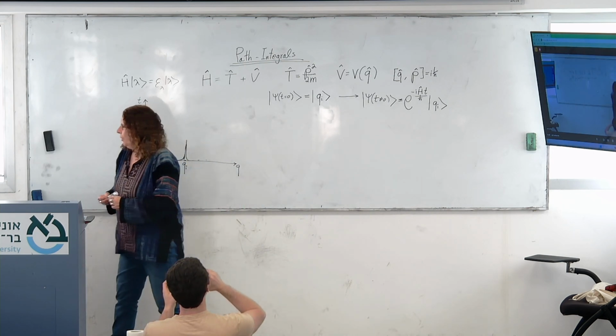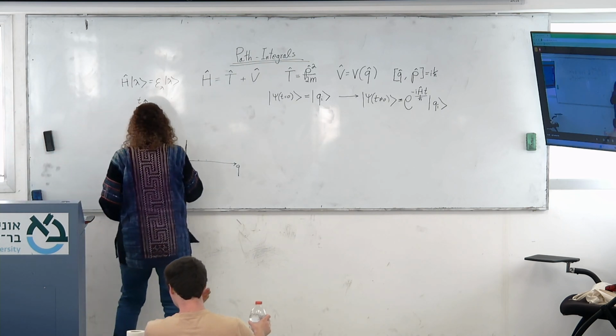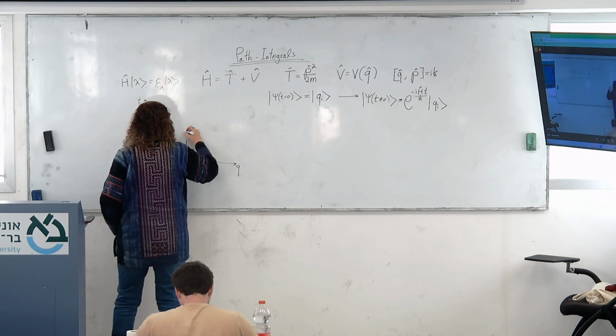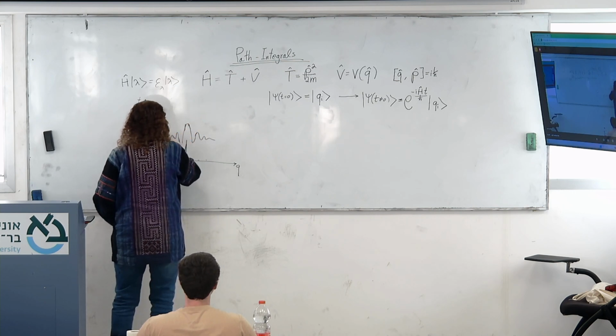Okay? Now, how does the wave function look like as a function of time? So, if we look at a slightly later time, now it's going to be something like that.